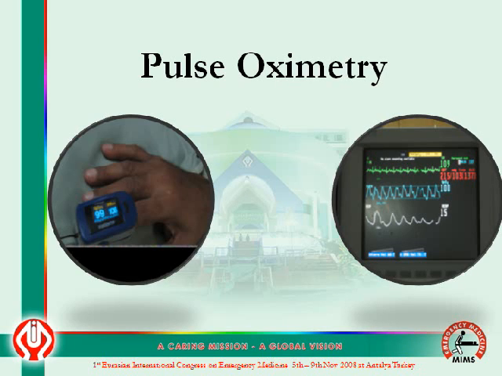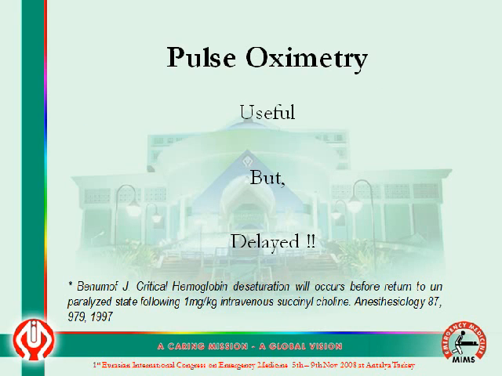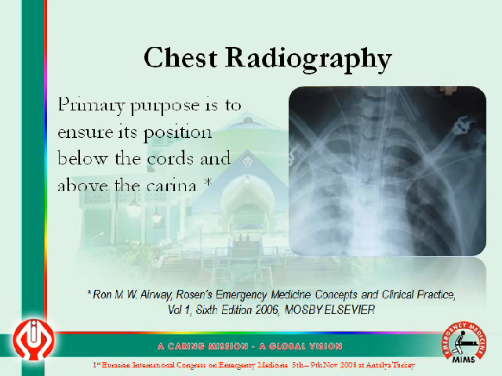The next equipment is pulse oximetry. Do you think pulse oximetry is useful to detect the tube position? Certainly it is useful, but the results are usually delayed. Chest radiography is another method conventionally used to confirm the tube position, but the primary purpose is to ensure the position of the tube is below the cord and above the carina.